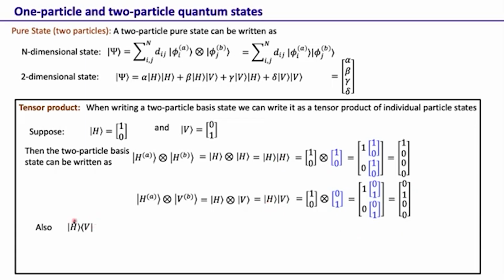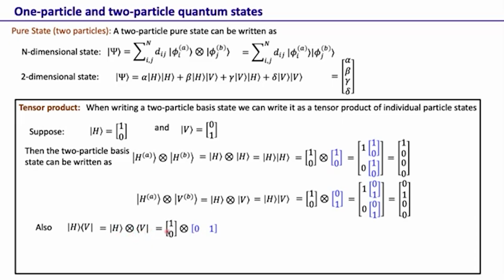In fact, even for the one-particle state, we have quantities like |H><V| or |H><H|, the projectors. Although we call it a direct product, the direct product and tensor product in this context are the same thing. So this is also a product, and we calculate it the same way. This is (1, 0) for H, and V will be this.